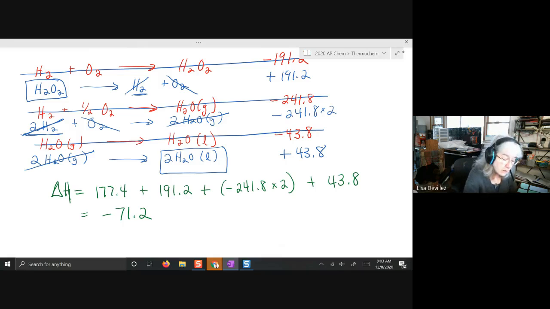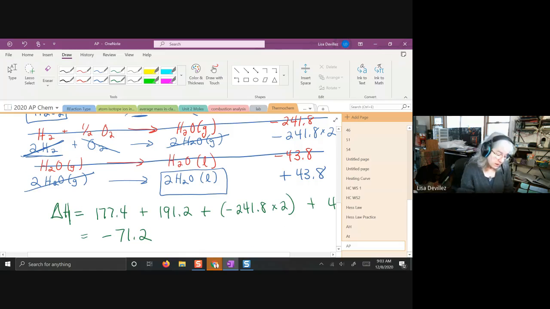I've put another worksheet on Otis for practice, and there's also a brief set of questions in there to practice with as well. Basically, you just want to jump in and do it, because you've got your 4 rules, and practicing with it is pretty much the key to being able to do Hess's Law problems.